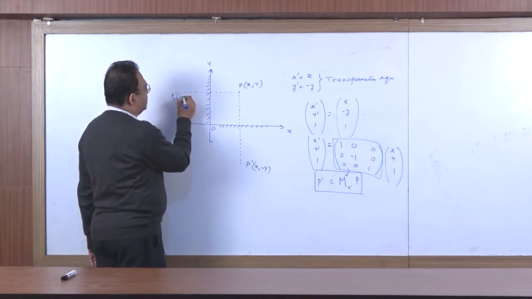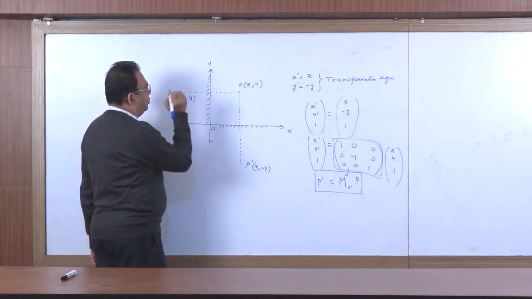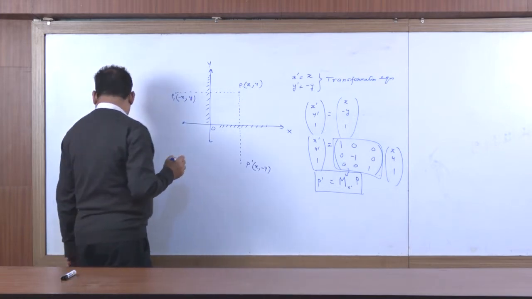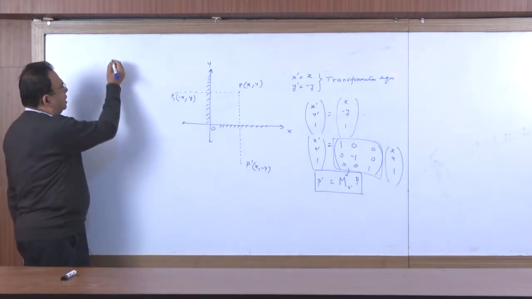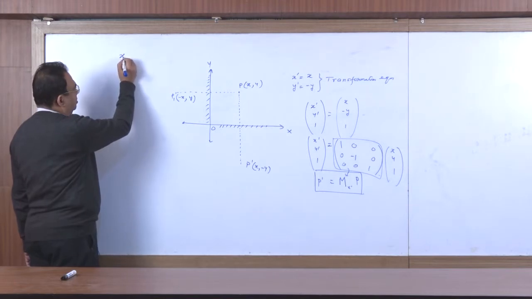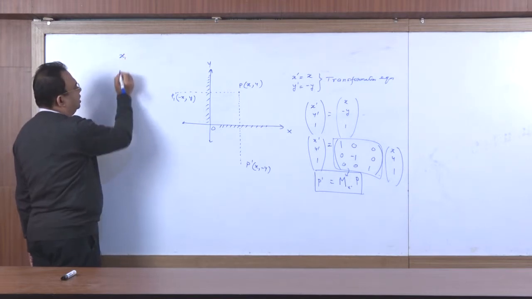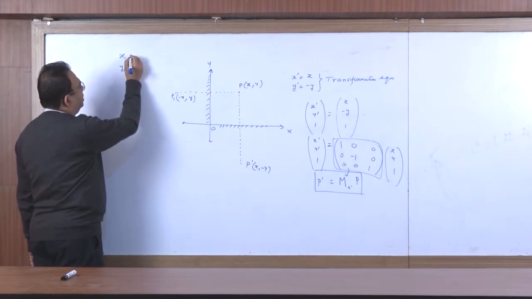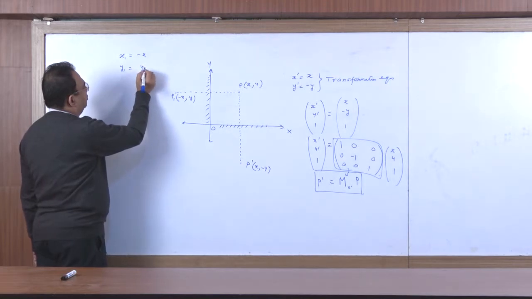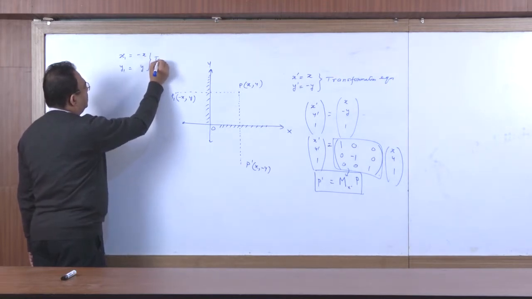So, this is minus x and this is y. So, in this case the transformation equations are, let us call these x1 and y1: x1 is minus x, y1 is y.